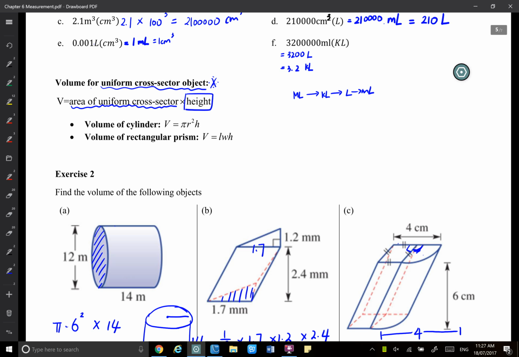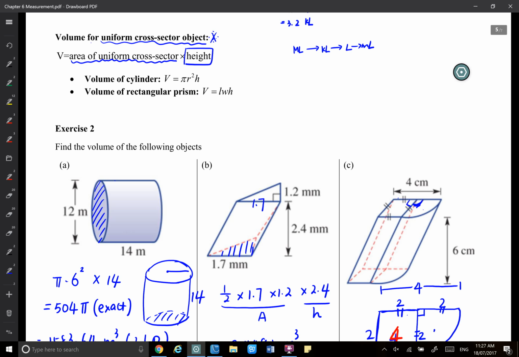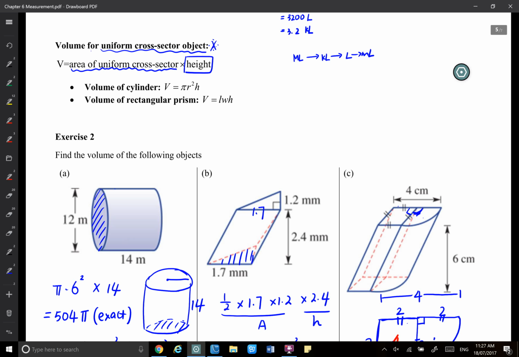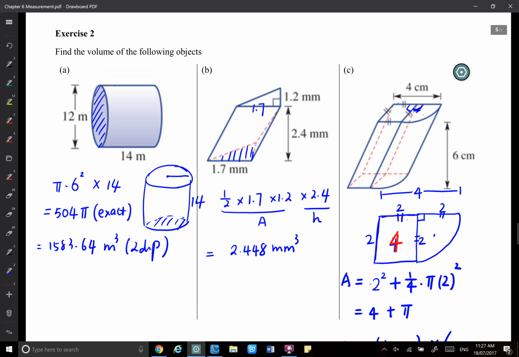So I said there's one particular group of objects that can be calculated in a uniform way. Which objects have a uniform cross section, like this shape, this shape, this shape, and other shapes as well.